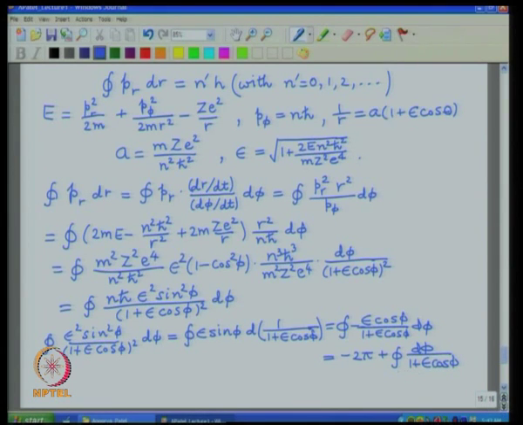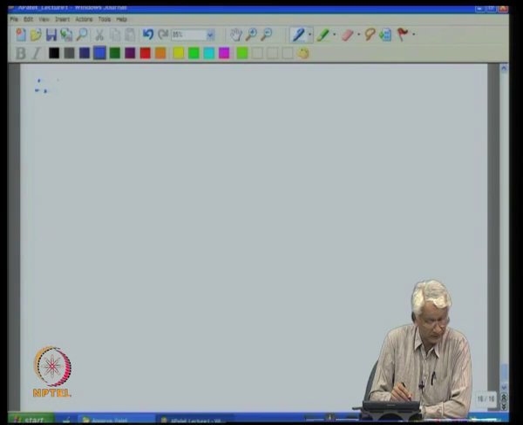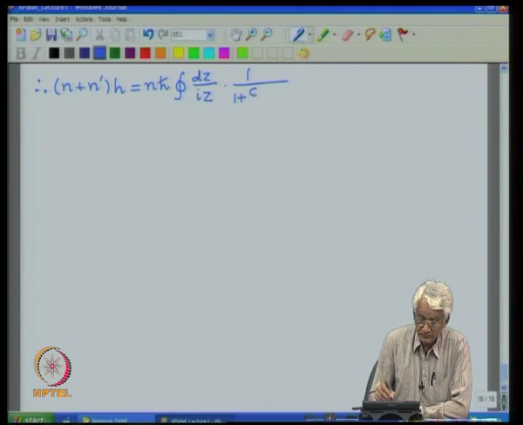Now, this last integral can be evaluated by contour integration around a unit circle, and let us do that, and I will substitute this whole expression back into the original formula, which gives the result that here the complex variable z is just e raised to i phi.